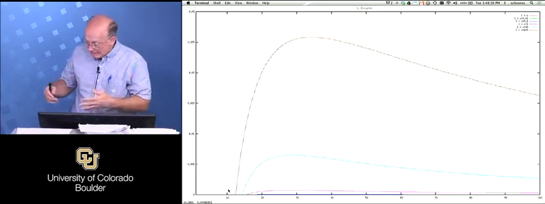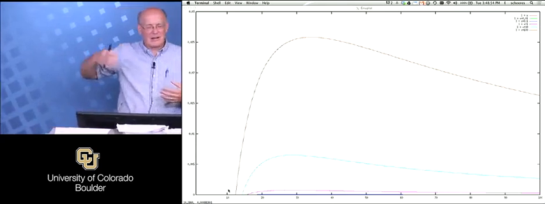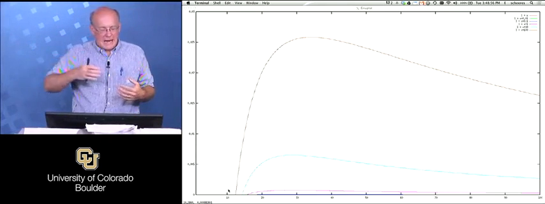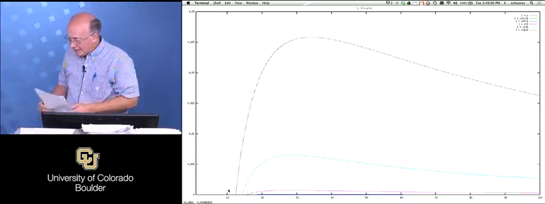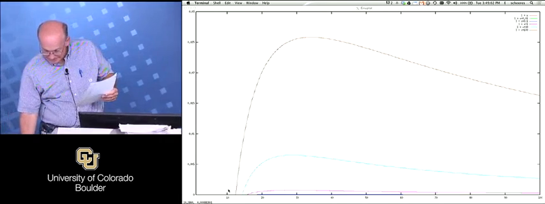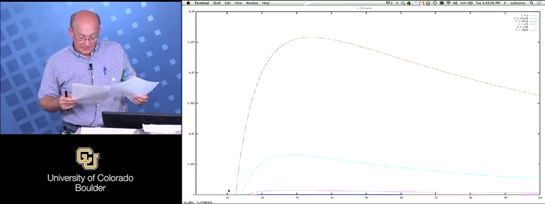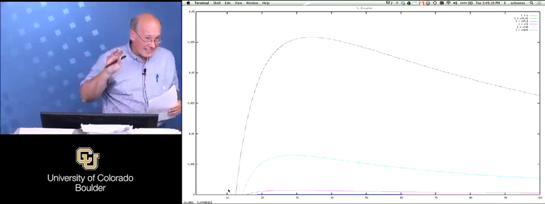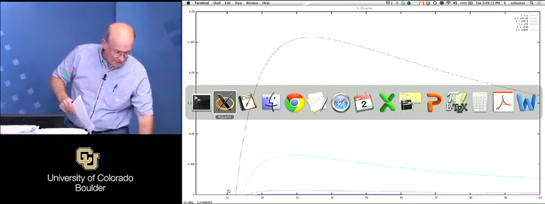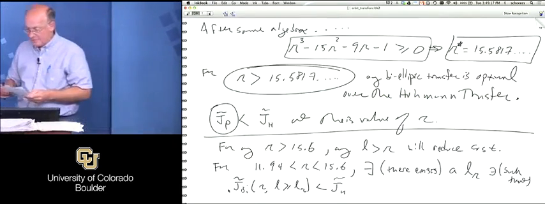So, in fact, what this is telling me is as I go to a higher and higher value of L, I'm always saving more and more fuel. And what this really means is that the bielliptic transfer is actually never optimal as compared to the parabolic transfer. And I'll come back to that in just a minute.